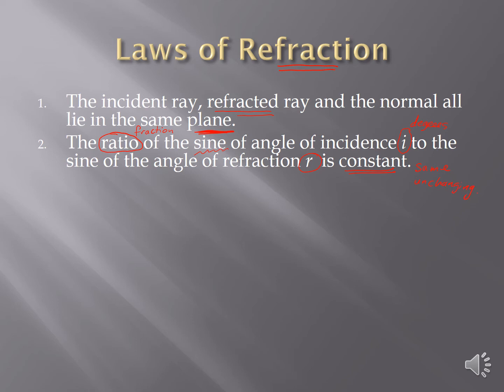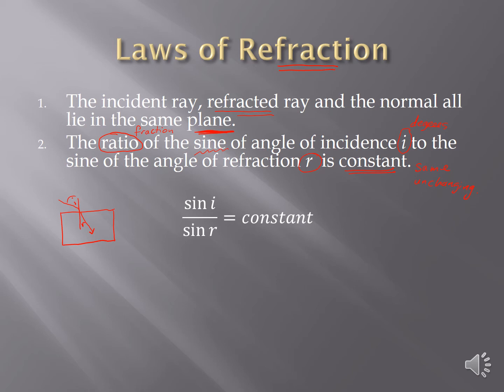So if we put that in more mathematical terms, we get sine I over sine R equals constant. If you consider the previous slide, and we take the glass block, we had our normal, and we had an incident ray with angle I and a refracted ray with angle R. When you divide sine I by sine R, you get a certain value.